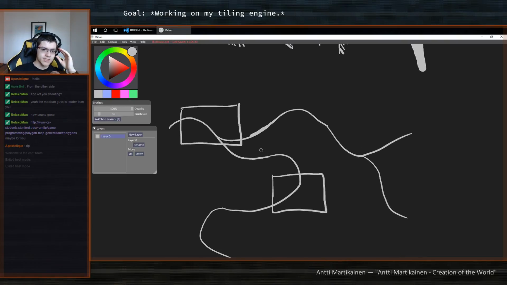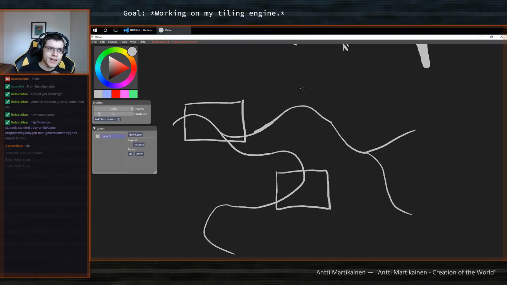I could just define rivers with mathematical functions, like a curve, and then at any point I just give it the x-axis.